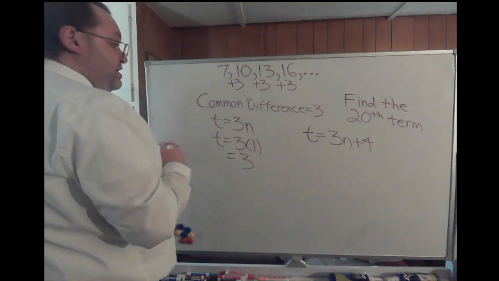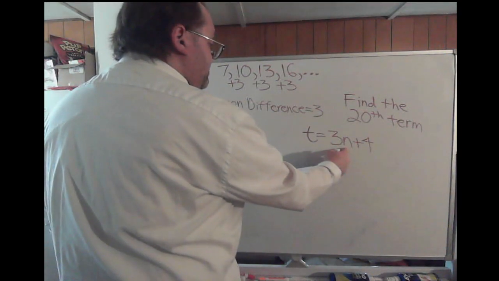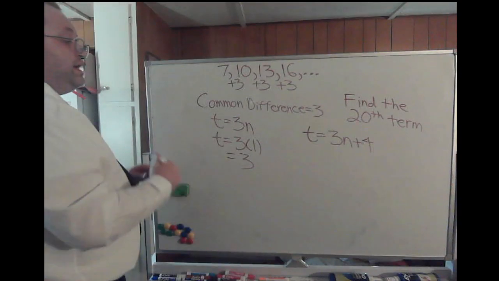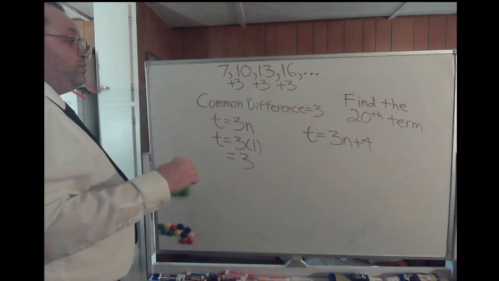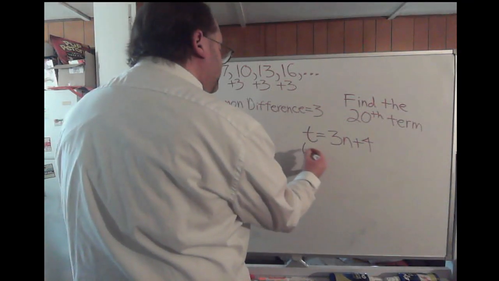So the term is going to be the common difference of 3 times the number of the term you're on, plus 4. That is what you're going to use to find your term. So we want to find the 20th term.